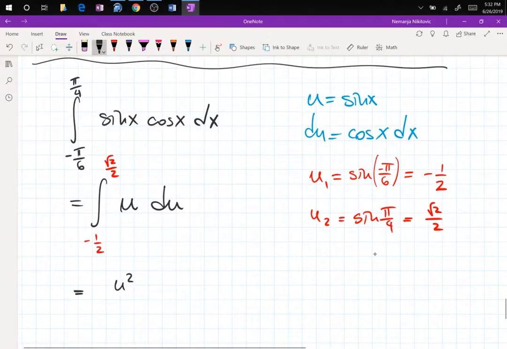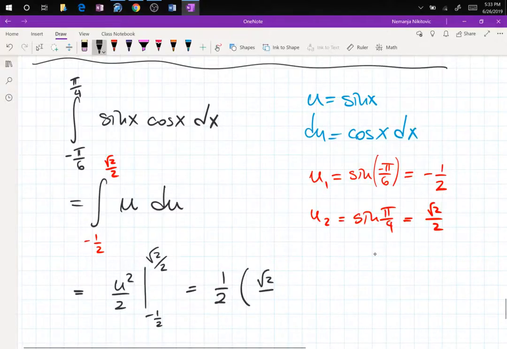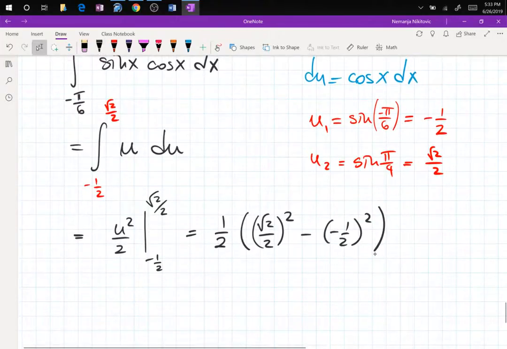We get u squared over 2 computed from negative 1/2 to root 2 over 2. So this is 1/2 times the square root of 2 over 2 squared minus negative 1/2 squared. Now luckily we can compute all of this mess.